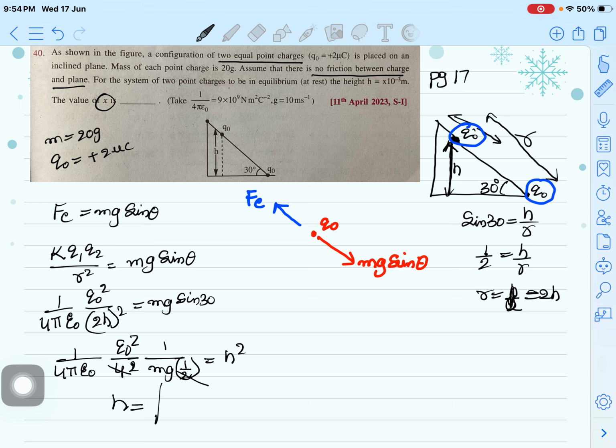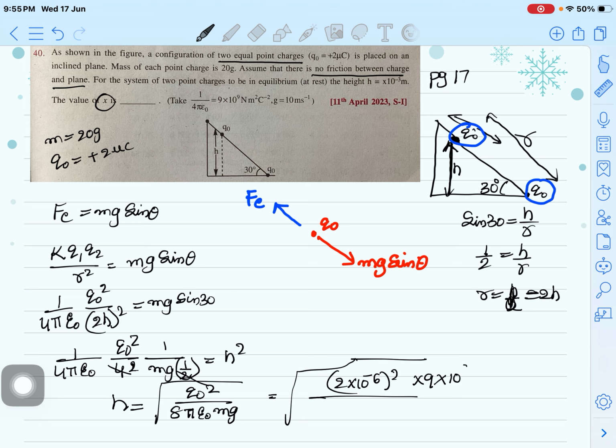We were already given the Q naught and mg values, so let's substitute. 2 microcoulomb whole square means 2 into 10 power minus 6 whole square, divided by 8 pi epsilon naught. 1 by 4 pi epsilon naught is 9 into 10 power 9, but 8 pi epsilon naught means 2 will be there in the denominator.